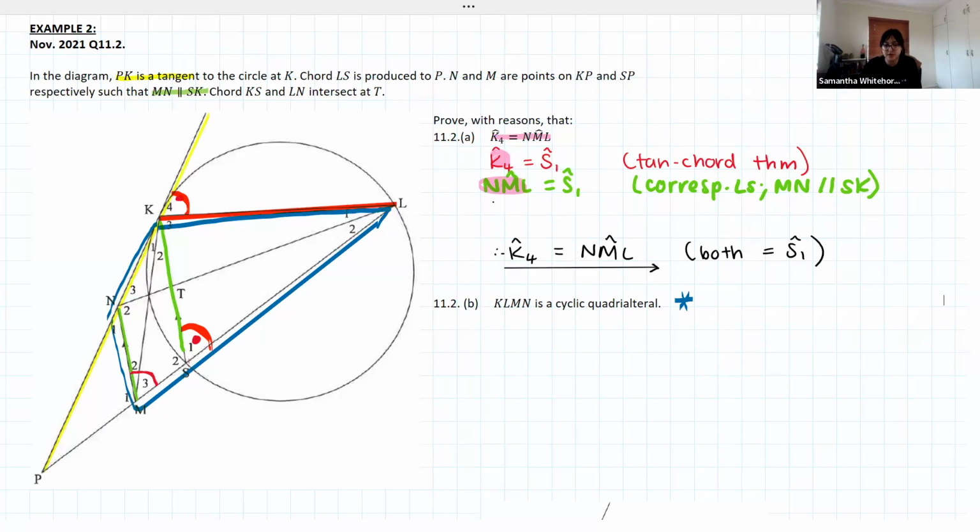Let me know what you think. So look at the red angles, see which ones are equal. Do they help us prove this is cyclic?